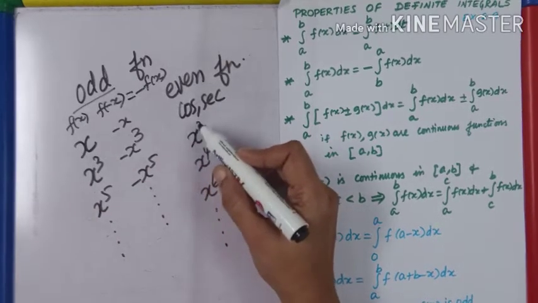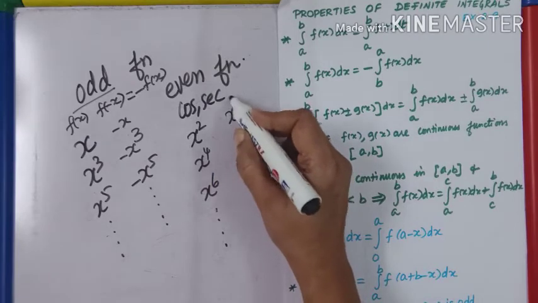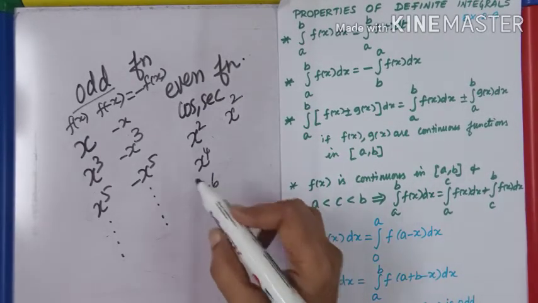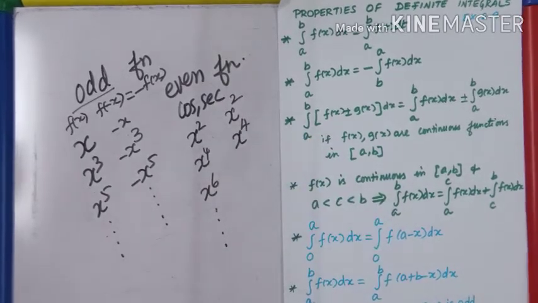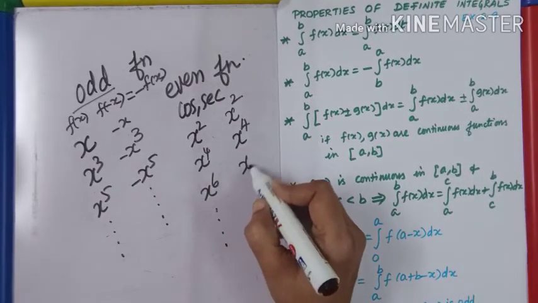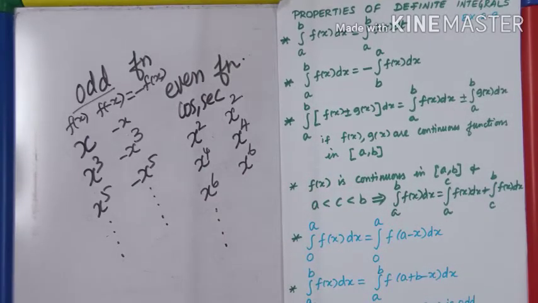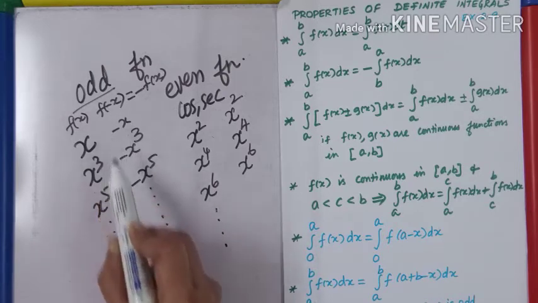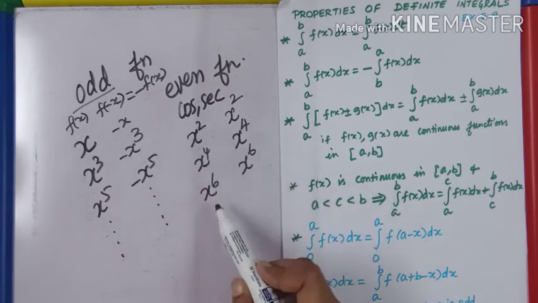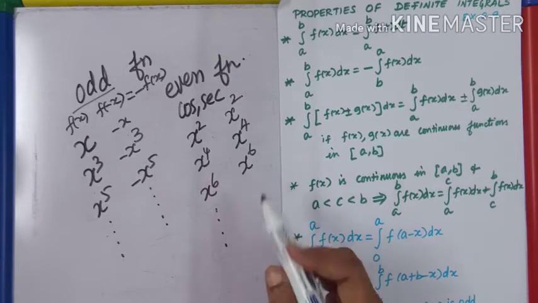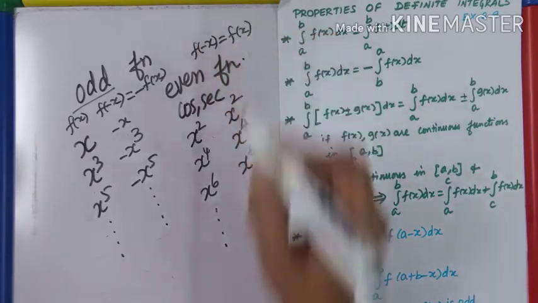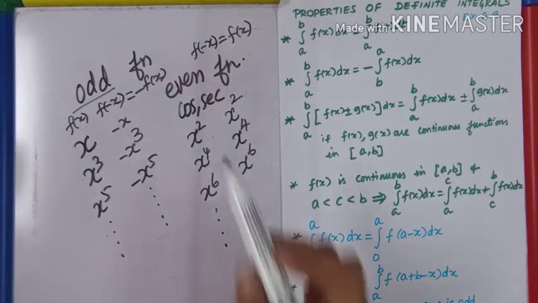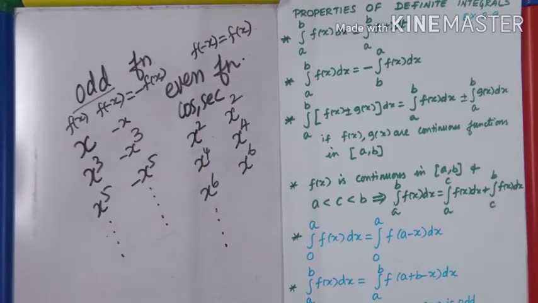Minus x, the whole square, will still become x square. Minus x, the whole power 4, will yield only x power 4. Minus x, the whole power 6, will yield me only x power 6. So notice the difference. When the power is odd, the sign changes. When the power is even, the sign does not change. F of minus x is f of x only. So such functions are called even functions.